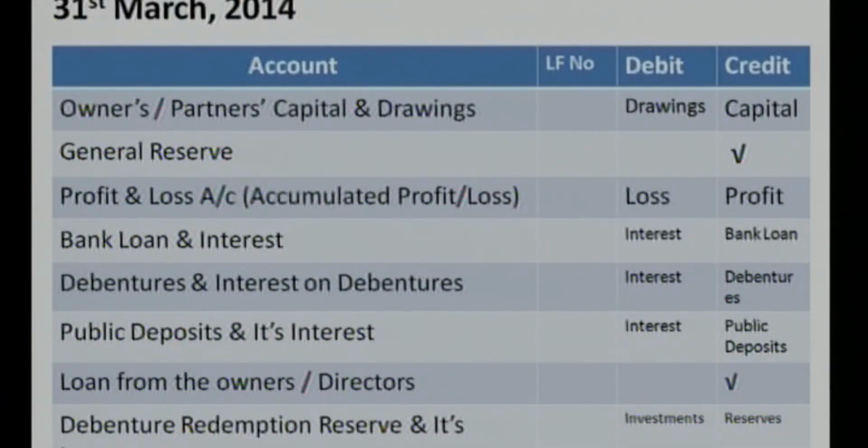So on the date of maturity or on the date of redemption, the business may sell out these investments made outside the business, may receive the cash and bank, and that cash and bank may be used to repay the debentures. So it won't affect the business either in liquidity or in the profitability. So if it is the reserve, then again we learn that it is the transfer of profits, so it bears the credit balance. But if we have invested the amount outside the business, being the investment, being the asset, it bears the debit balance.